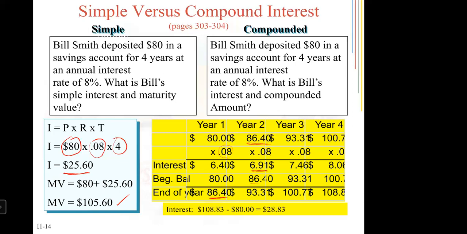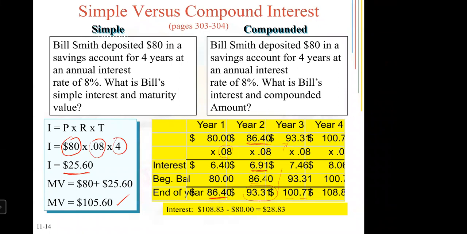And so your new principal now is $93.31. And so year 3, that's going to be your principal for the start of that year. Then you find 8% of that, which gives you $7.46. You add that to the principal that you had at the beginning of the year, and now you have $100.77.